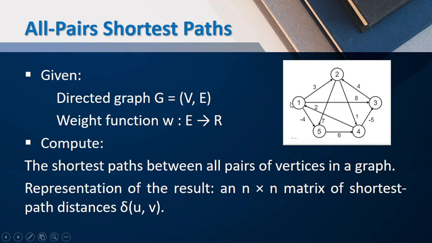It's a directed graph with corresponding vertices and edges, and the weight function is denoted by W: E tends to R. So it aims to figure out the shortest path from each vertex V to every other vertex.